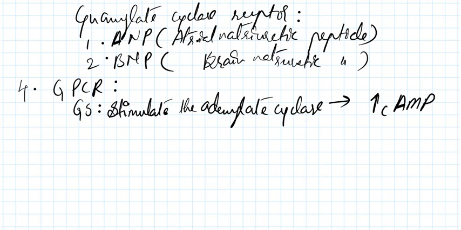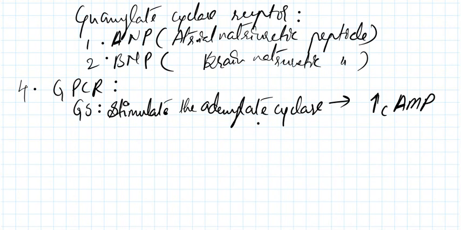This is very important, doctors. Please remember this mechanism. I am saying once again, please remember this mechanism. When Gs receptors are stimulated, they in turn stimulate the adenylate cyclase, thereby causing a rise in cyclic AMP.